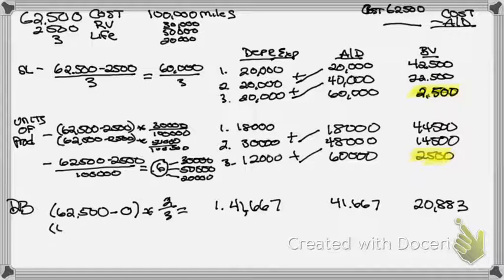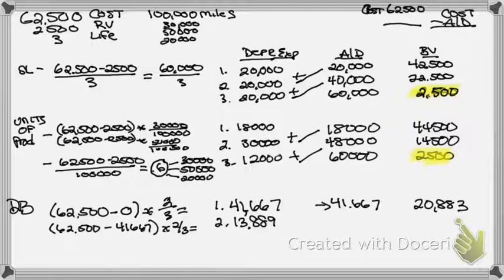Now when you come to year 2, you got 62.5 minus 41,667, because that is your accumulated depreciation, times 2 over 3. And you get 13,889.